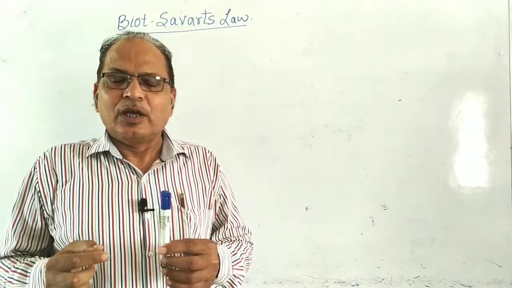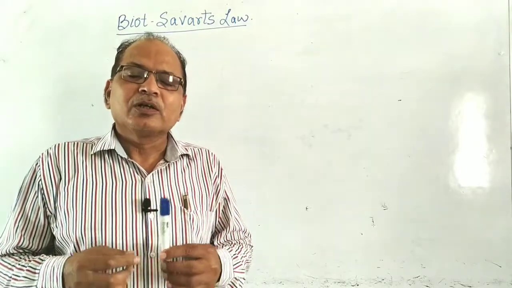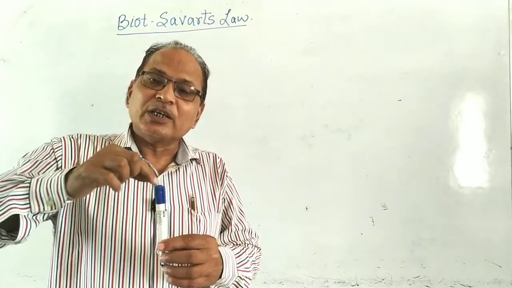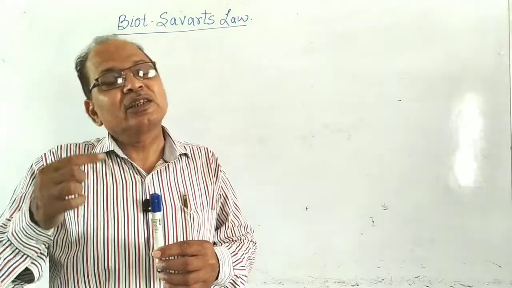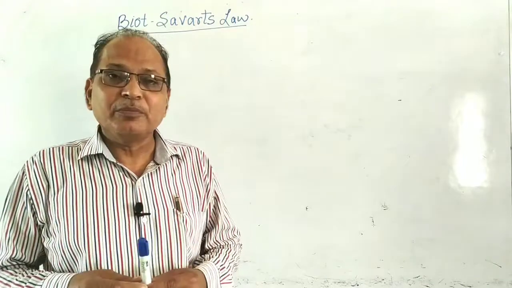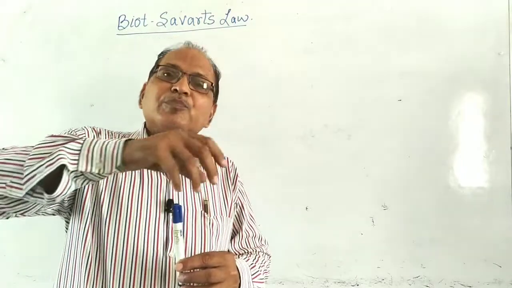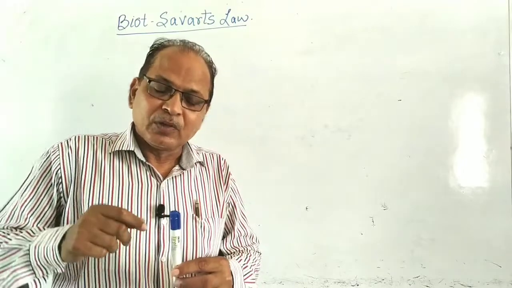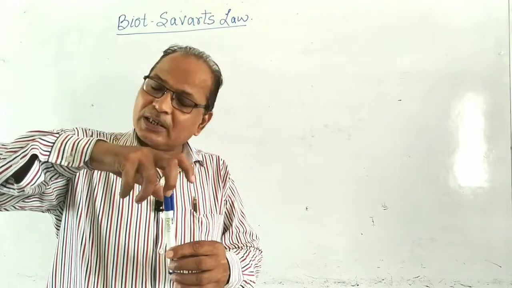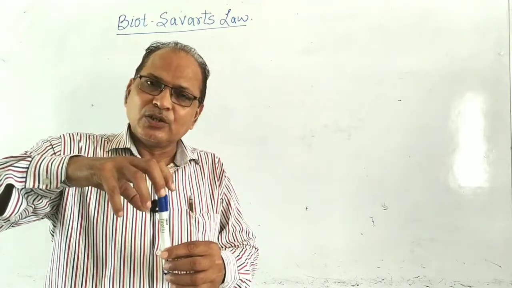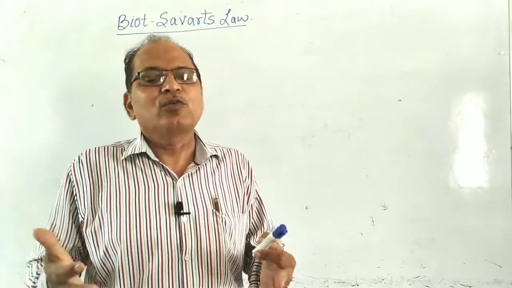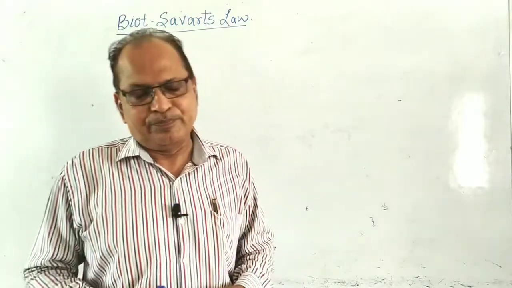And as we studied earlier, the field which develops around the current carrying conductor deflects the magnetic compass needle, or in another experiment, if we drop some iron filings around it, the iron filings adjust in the form of concentric circles. So all these experiments show that there is some magnetic field around the current carrying conductor.